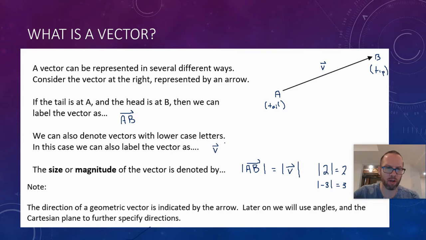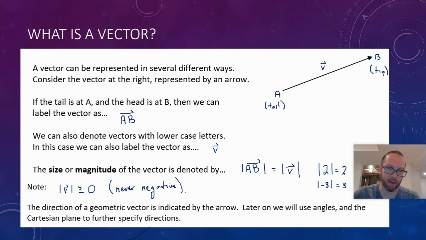One note I'm going to squeeze in here as well is that the size of a vector is always greater than or equal to 0. It's never negative. Keep that in mind, and that should make sense, right?